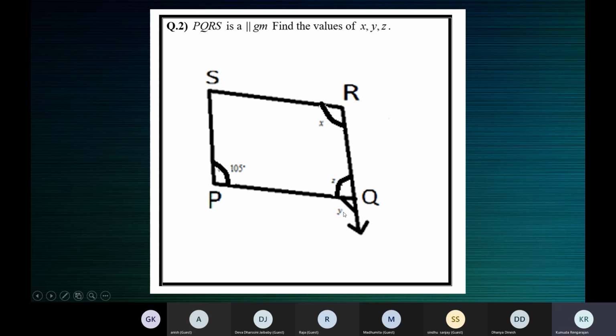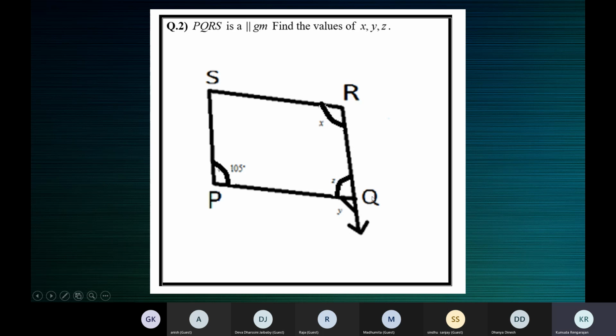So you can see that angles Y and Z are formed at this point Q. The vertex of both the angles is Q.